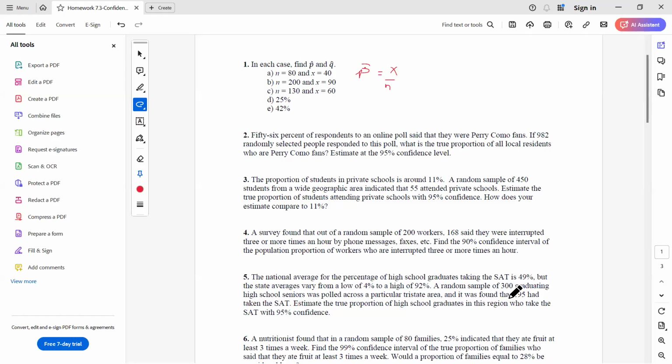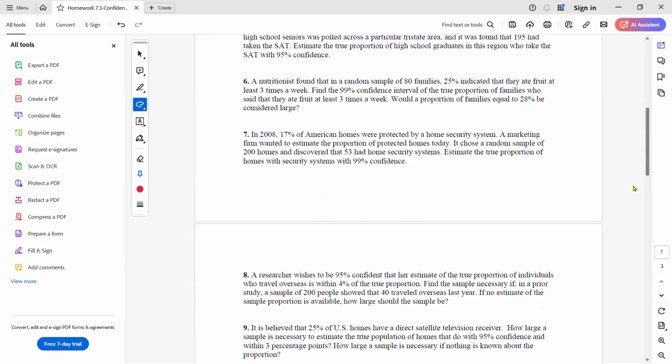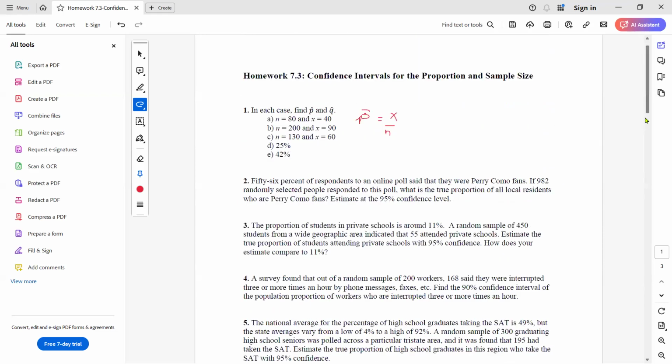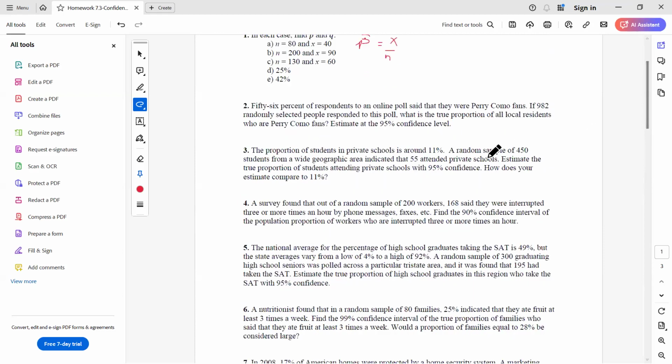So let's do number 5, and then let's also do number 10. Okay, so I'm going to do number 5 here.